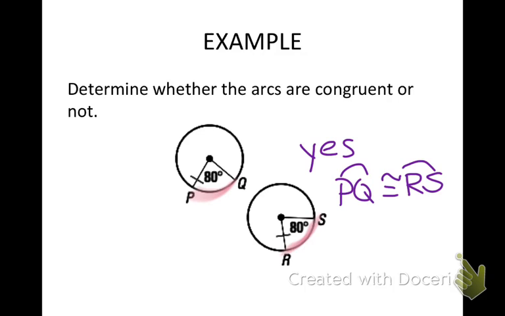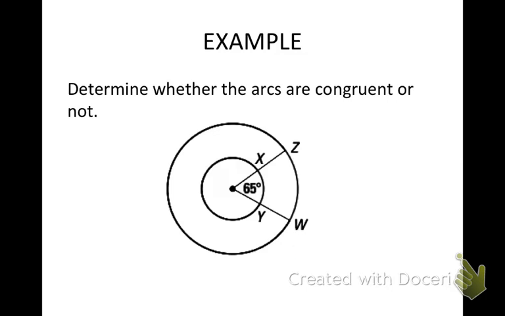And the last one, do we have congruent circles? Those circles look the same? No, definitely not. One's smaller than the other one, so no. So are the arcs congruent or not? Nope, not congruent. All right, so once you have that, grab yourself a practice space and let's try these out.